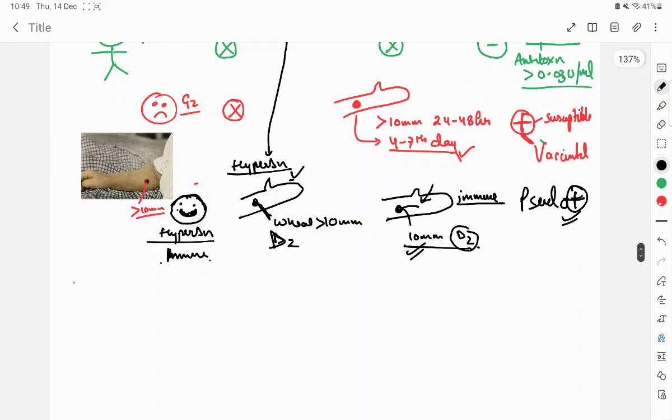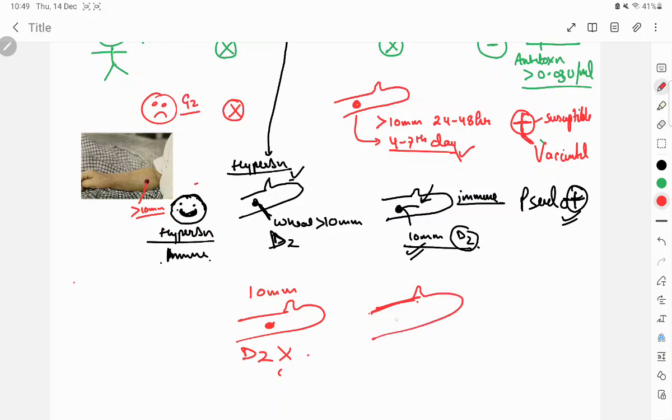Now we have a third scenario. On the control arm, the patient again develops a 10 mm reaction that disappears by day 2. But in the test arm the patient develops a wheal of more than 10 mm that doesn't disappear by day 2 and maximizes by the 4th to 7th day. This patient is hypersensitive, but is he immune?